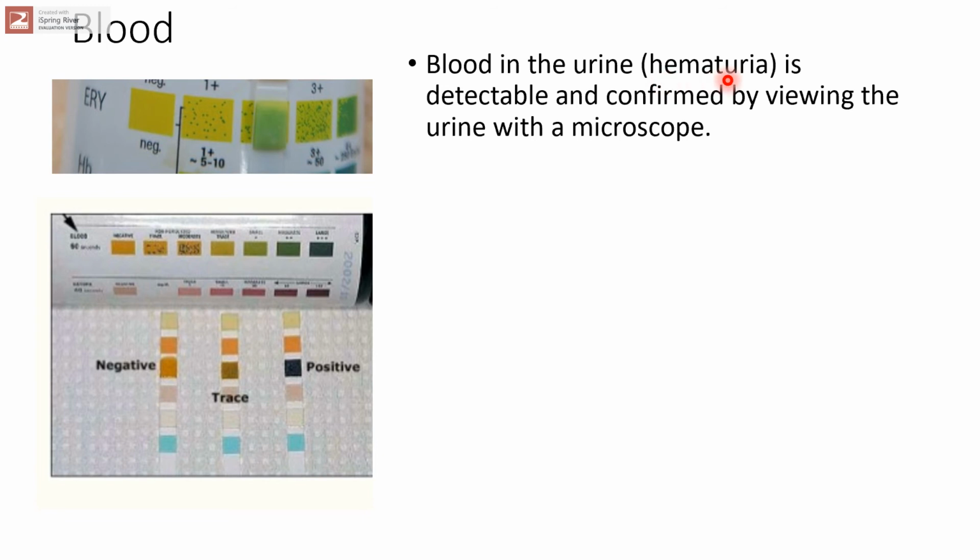So the presence of blood in the urine is called hematuria. Hematuria can be caused either due to contamination, that's the most common cause. So menstrual blood can make your urine look red, and sometimes it can be caused by urinary tract infection, hemorrhoids, or kidney stones. Now, kidney stones are formed when you have too much oxalate and calcium and uric acid in the blood, and these uric acid, oxalate, and calcium combine with other salts to form crystals.